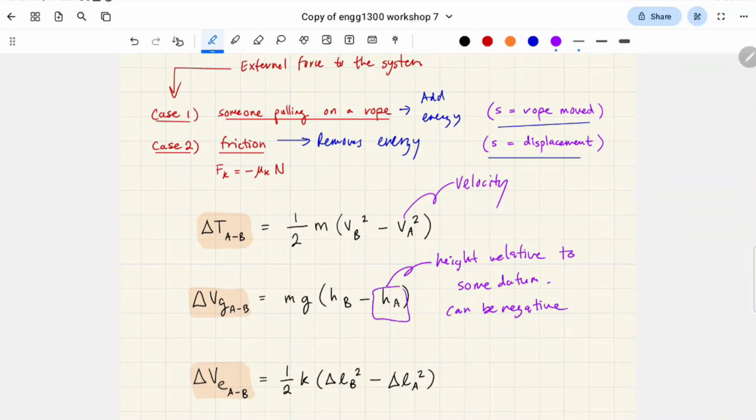So HA or HB or whatever, they can be negative numbers. For example, if you go from A at this height, and you set that as your datum, and you go down to B, then this height of B is going to be some negative number, if you go down from your datum.